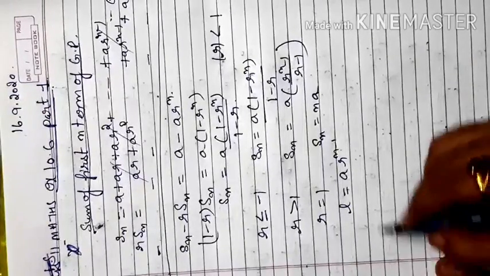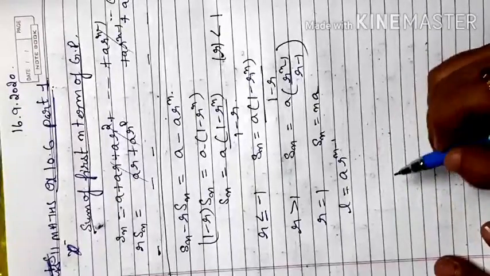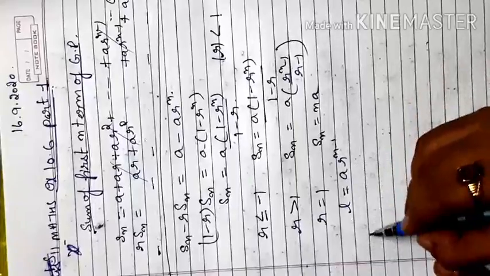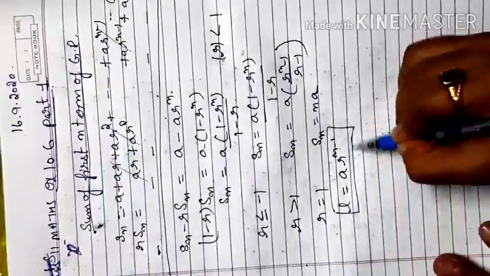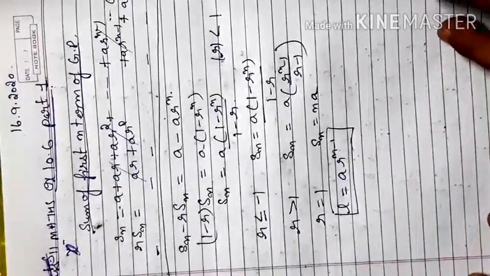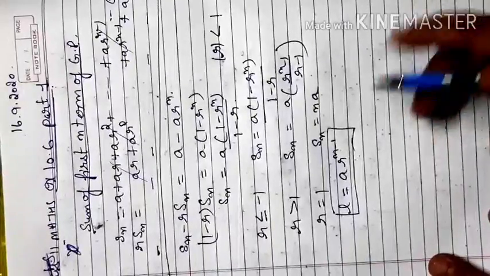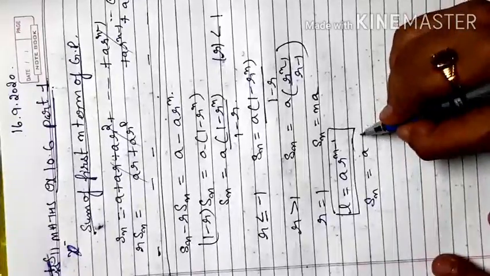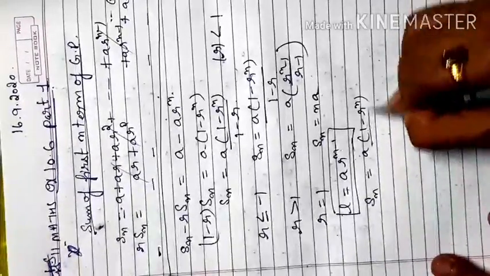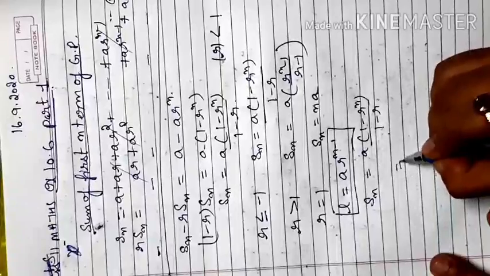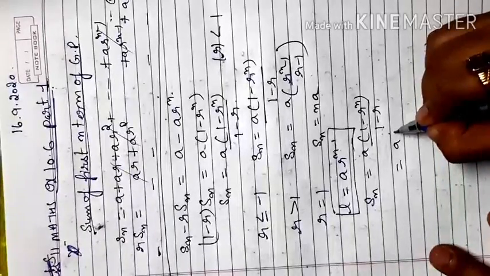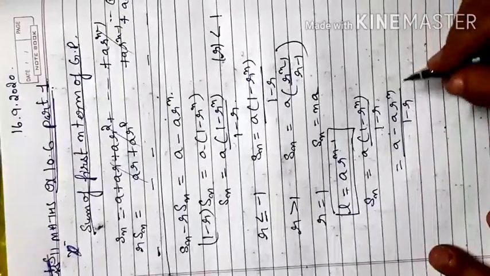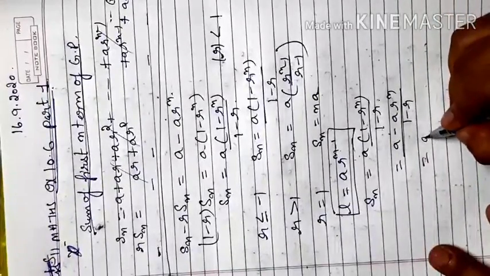If your last term is ar^(n-1), and I want to generate the sum of n terms formula according to the last term, my Sn formula, mostly for r not equal to 1, is a(1 minus r^n) upon (1 minus r). Now if I take a common and multiply a with the term ar^n upon 1 minus r, then you will get a minus.